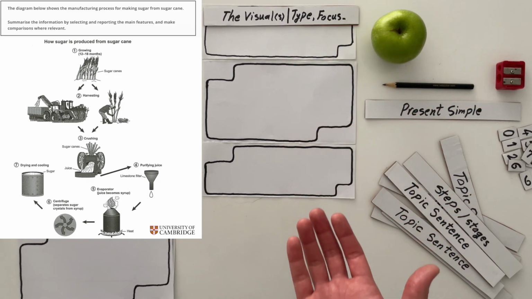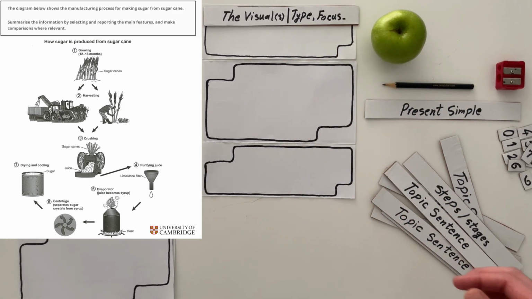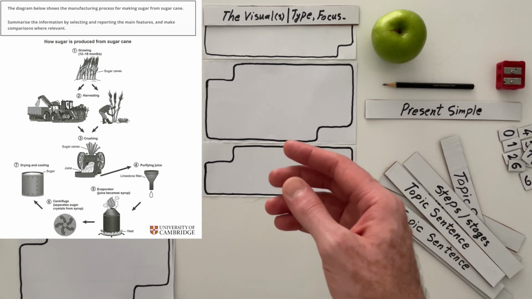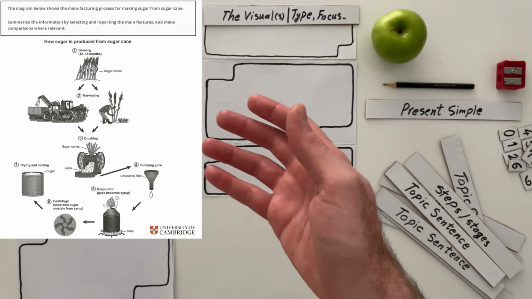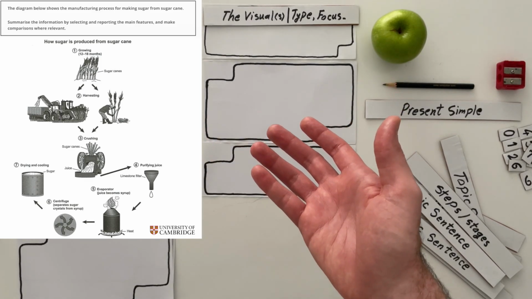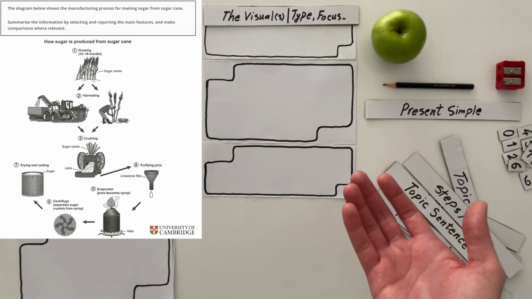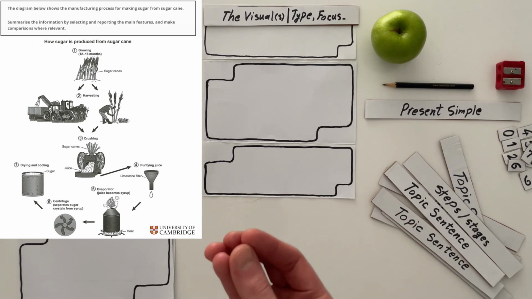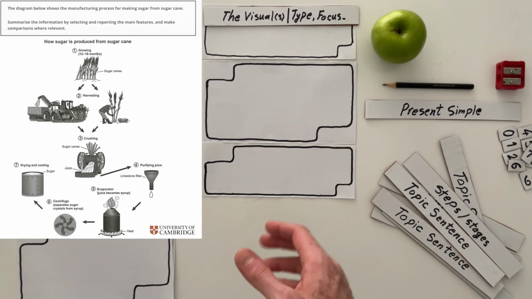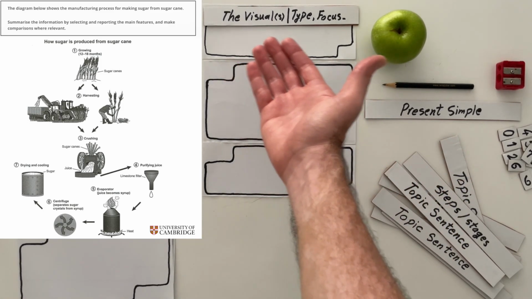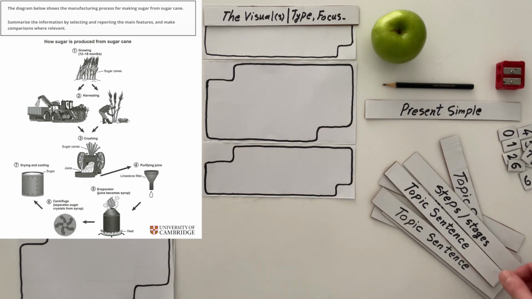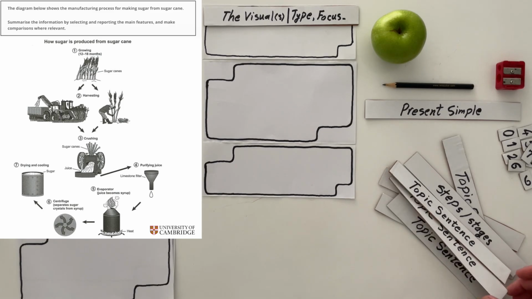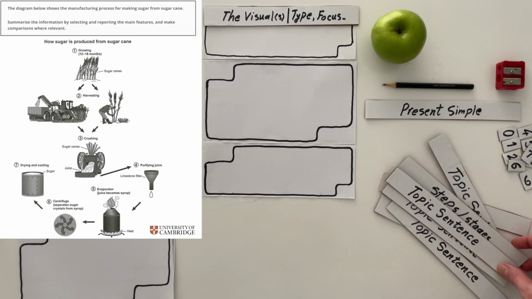I just want to know what it shows, and it shows very briefly how sugar is derived from sugarcane in this process. So that's what this diagram shows. It doesn't matter if your sentence is quite short. That is totally fine. The next sentence is the interesting one.